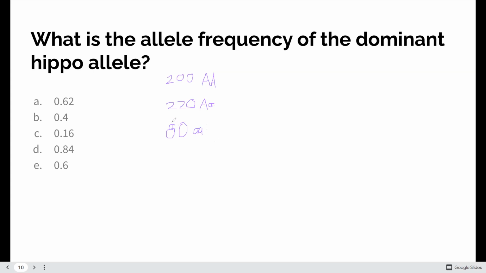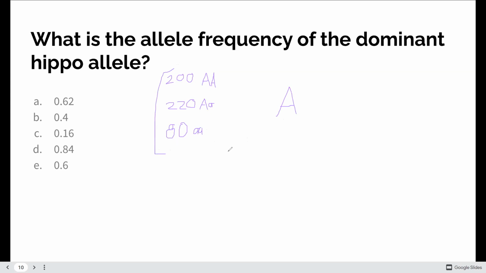So what is the allele frequency of the dominant hippo allele? Obviously we can make sense that capital A is the dominant allele, and so we need to find the frequency of this allele within this population of 500 individuals.